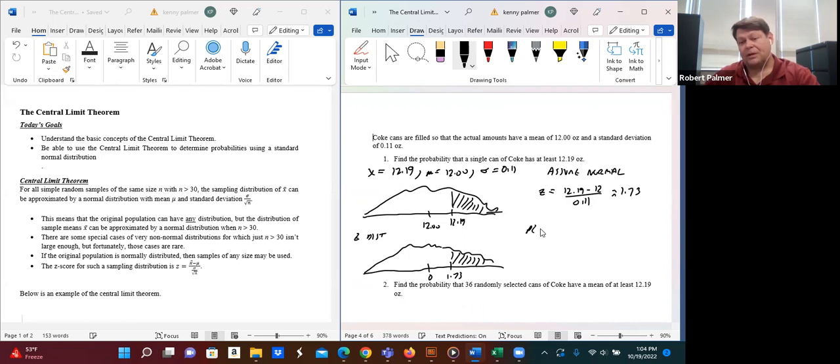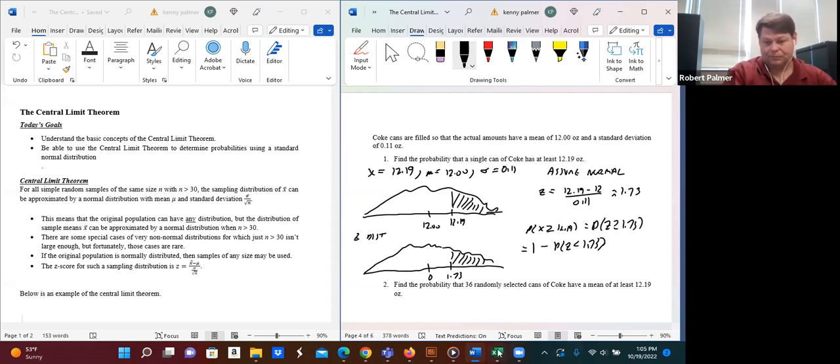Then the probability that X is greater than or equal to at least 12.19 is the same as the probability that Z is greater than or equal to 1.73. And that's going to be the same as 1 minus the probability that Z is less than 1.73. Remember, Excel and also tables give you the value to the left. So if we want to find this value here, we take 1 minus the value to the left. Let's do that in Excel.